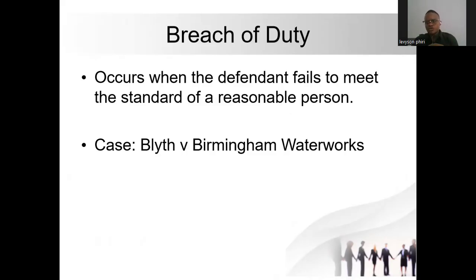Once you fail to meet the standard, the other person can walk away, which means you have done a breach of duty. So the case of Bolton v Stone, or Blyth v Birmingham Waterworks, explains more about this breach of duty. We can take a look into this case, and we'll be able to get more insights into breach of duty.